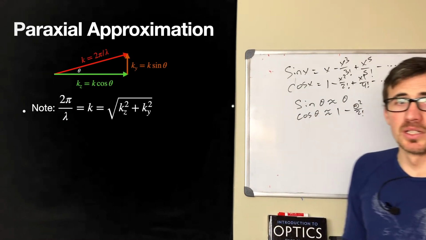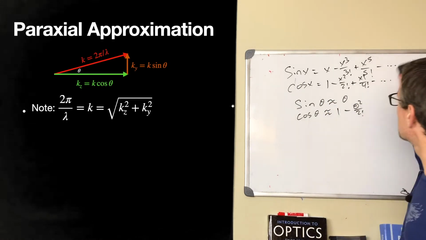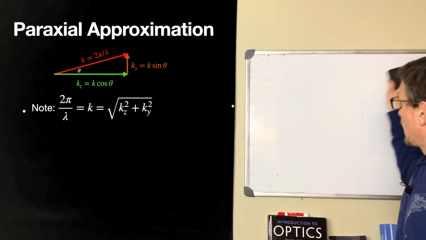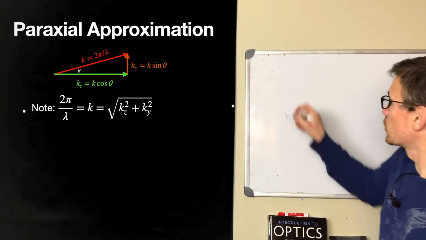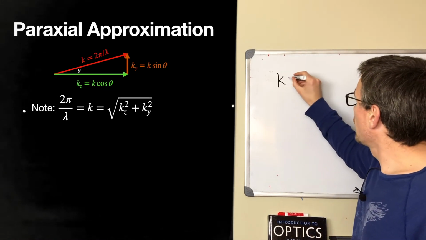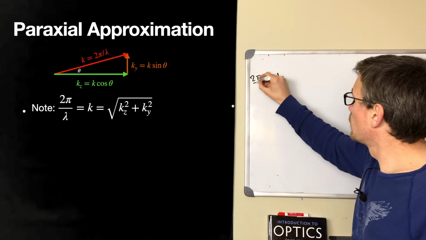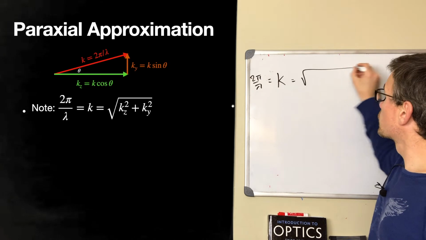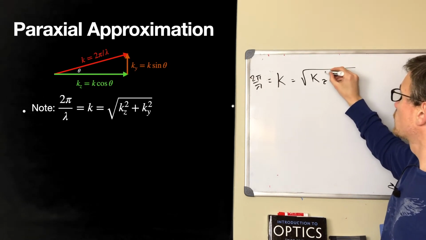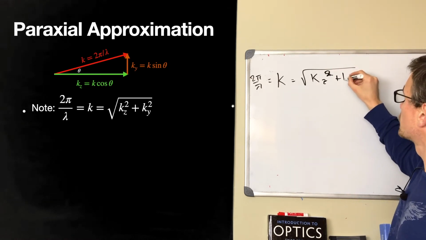Okay, so we still have k. K is still our wave number. K is still equal to 2 pi over lambda. So it's fixed no matter which direction it's pointing. But in this case, it's going to be equal to the square root of kz squared plus ky squared.